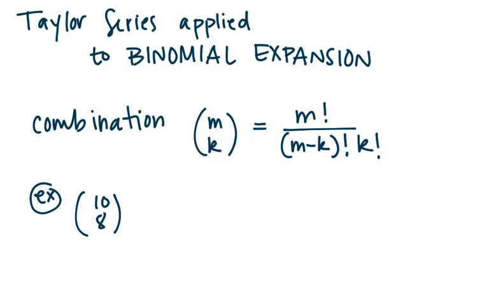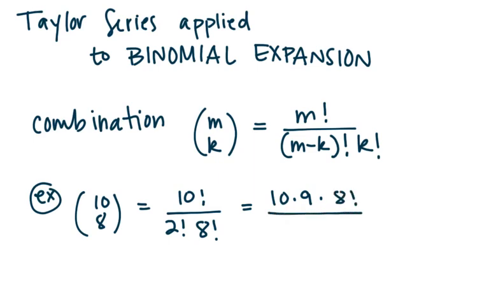This is a combination, and I would read that as 10 choose 8. Then that would be 10 factorial over 2 factorial, 8 factorial, where 10 factorial is 10 times 9 times 8 times 7 times 6 times 5 times 4 times 3 times 2 times 1, which that part is just 8 factorial. 2 factorial, 2 times 1, is just 2, and then I still have an 8 factorial.